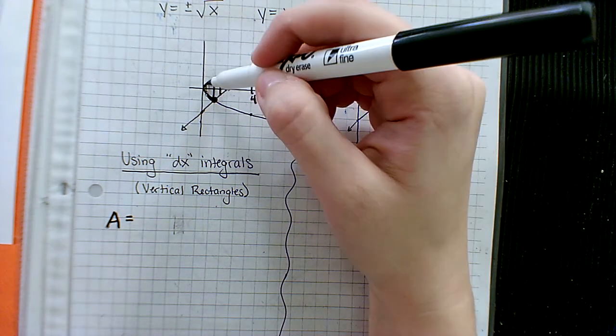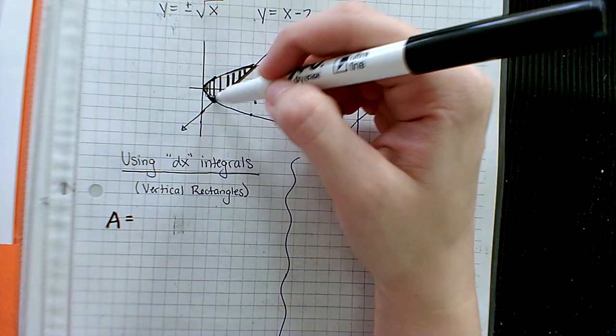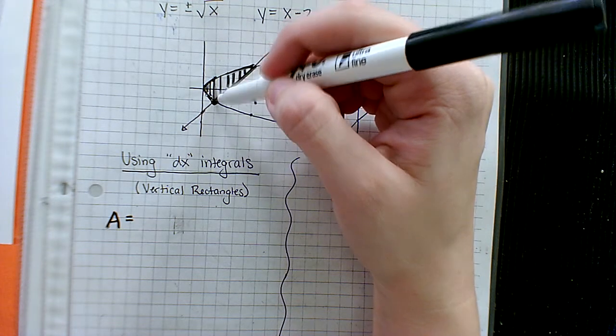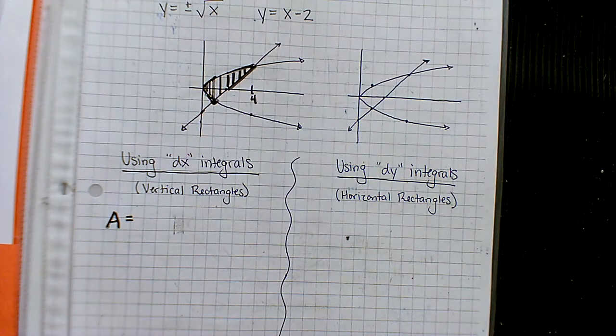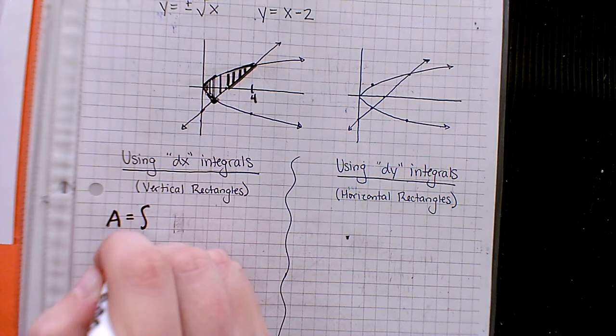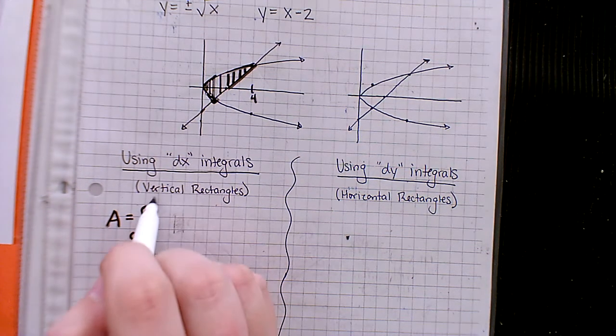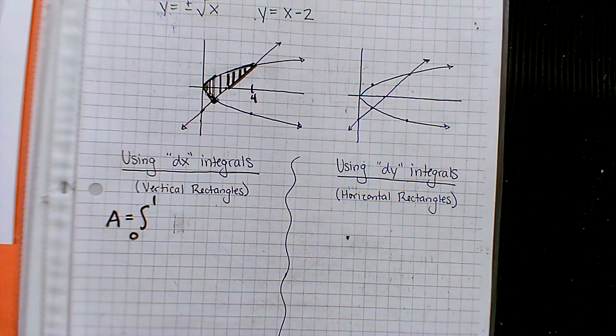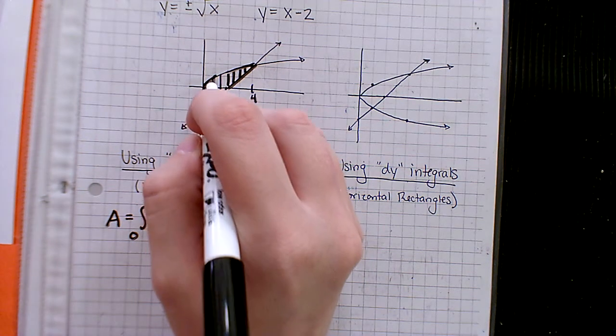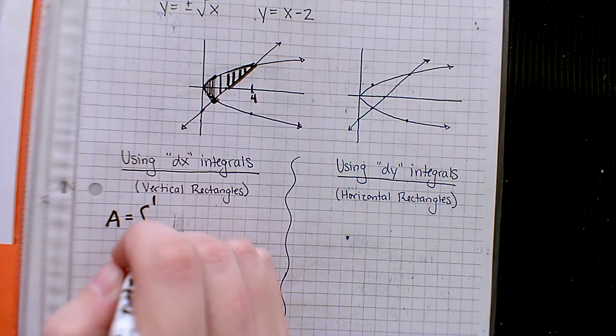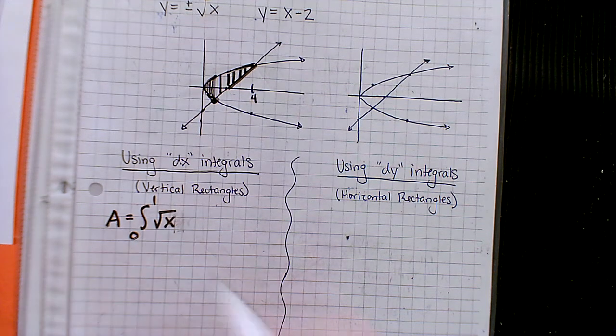It looks like the change happens at that first intersection point. So the first few rectangles would go from 0 to 1. Those first few rectangles, the top function was the positive square root.